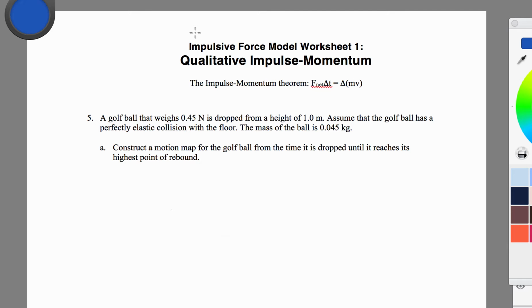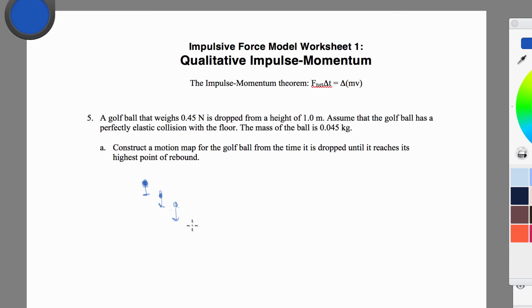But I'll do it. So basically, in a motion map, we're just drawing dots in equal times. So here's the ball, and then basically I'm doing kind of time lapse. It's going down, it's going down, it's going down.